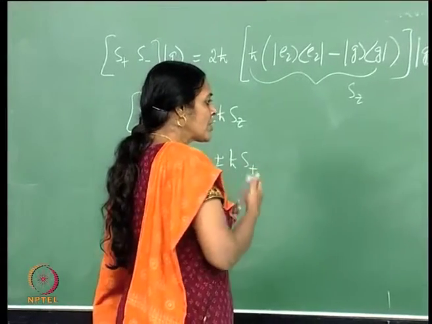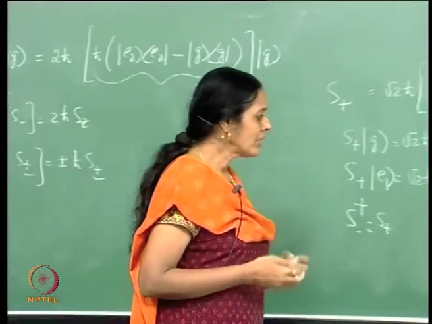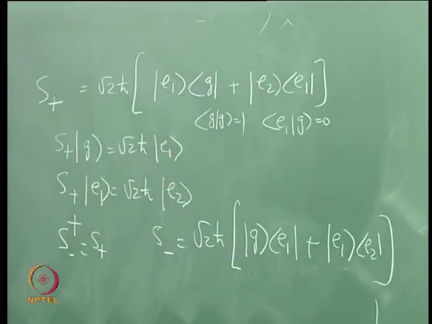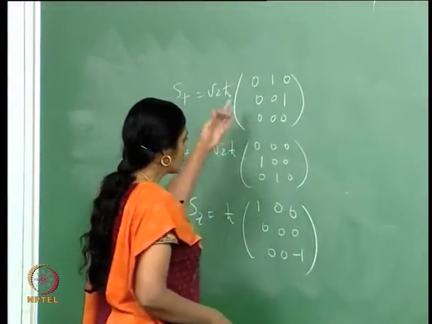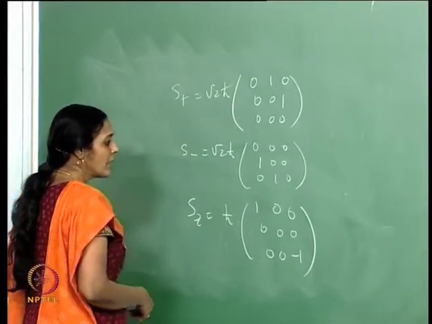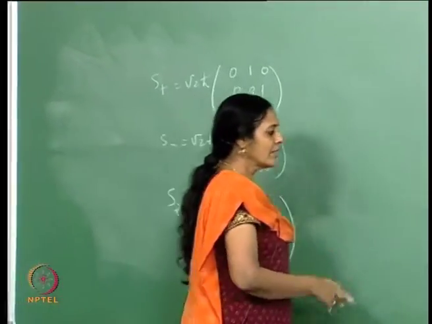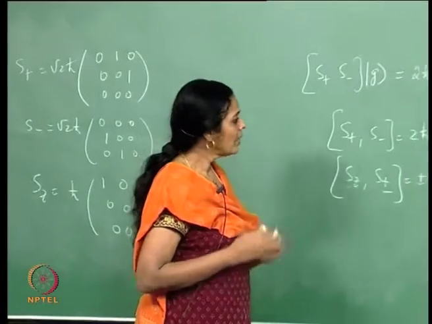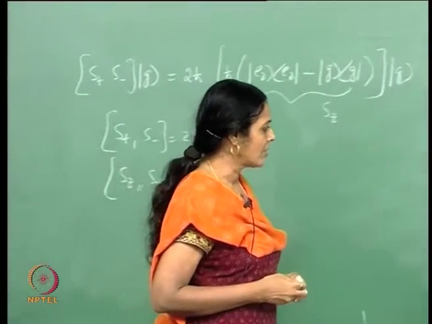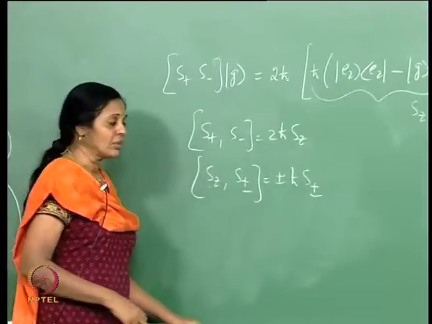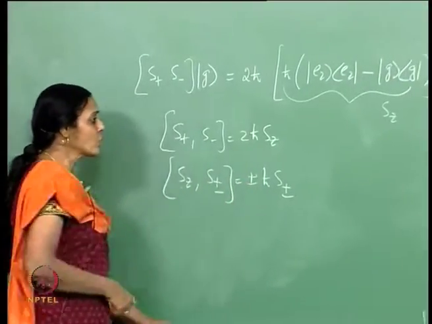It could be represented by 2 by 2 matrices, by 3 by 3 matrices, as I have done now, because I have given you S plus, S minus and Sz in terms of 3 by 3 matrices. From this you can find out Sx and Sy and check that indeed the algebra between Sx, Sy and Sz is satisfied. The matrix is merely a representation. The algebra of the operators is all powerful, and this indeed is the SU2 Lie algebra.